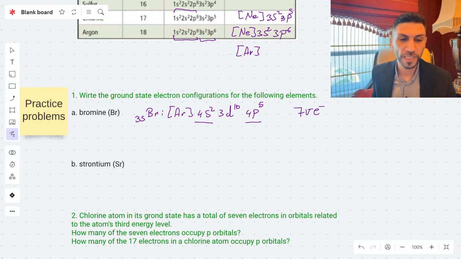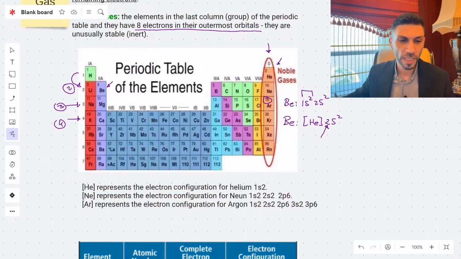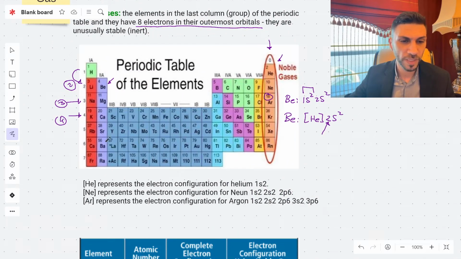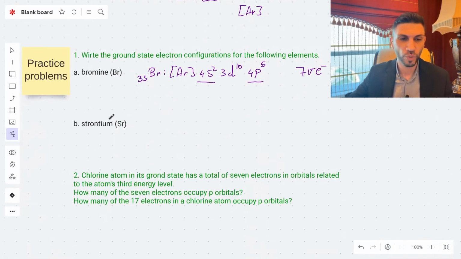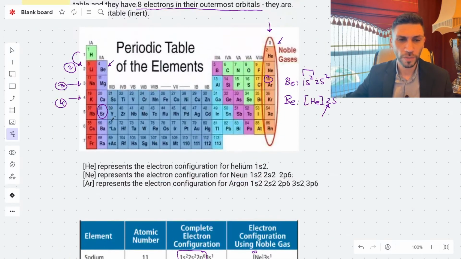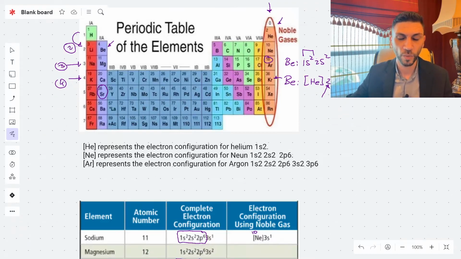Let's do it for the strontium Sr. It's right here, with 38 electrons. If I'm going to write it, it's going to be the argon, no, this time it's going to be the krypton, the prior noble gas for the strontium.